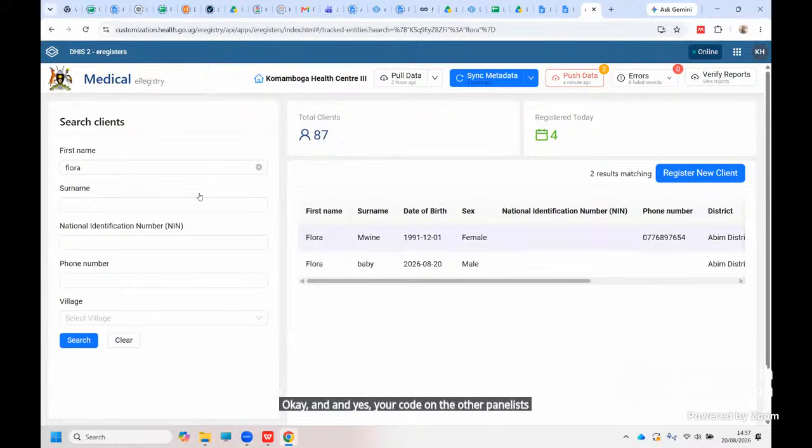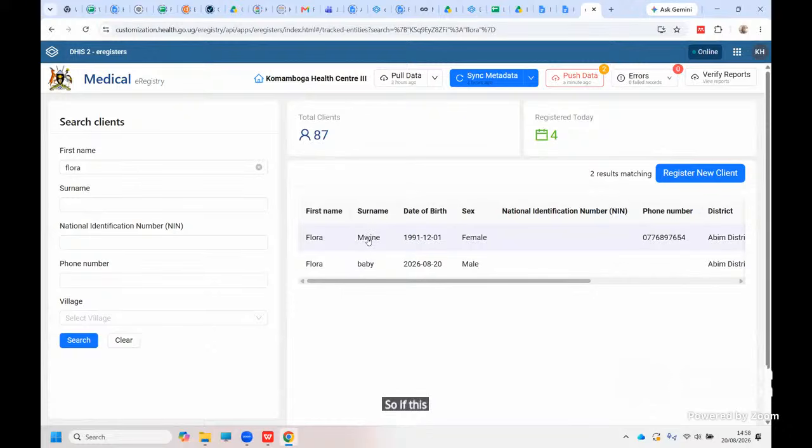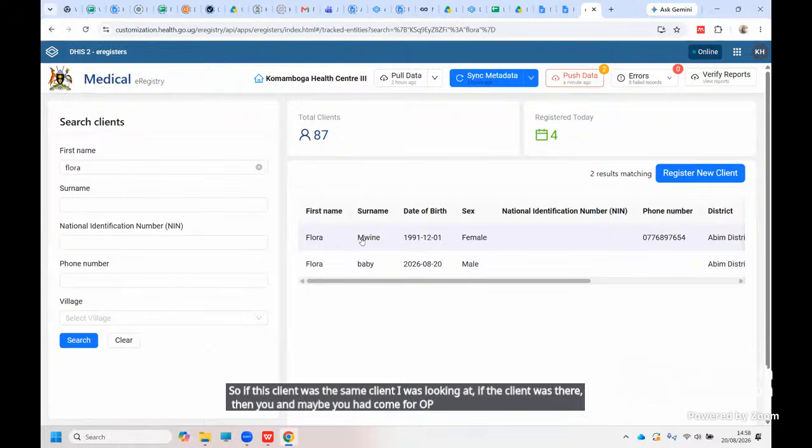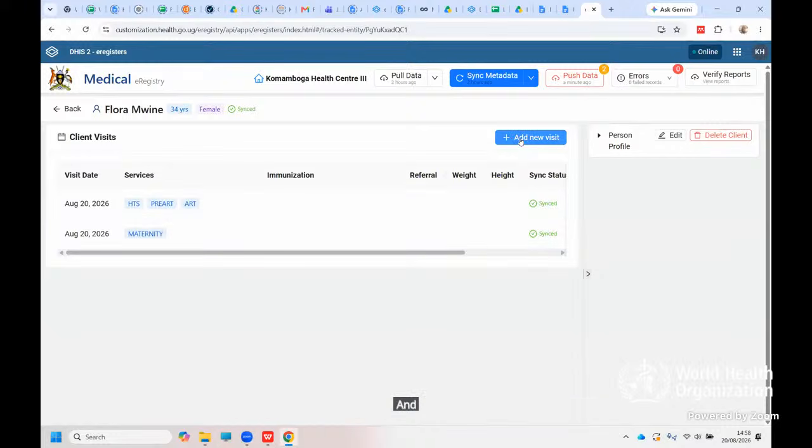Okay, and yes, you called on the other panelists. So to begin with, yes, I had continued, but ideally you were supposed to first search, and then if the client is there, you should continue and add the services like you can see here. If this client was the same client I was looking at, and maybe you had come for OPD previously, you'll search, and then you should be able to proceed and add a service to this client.